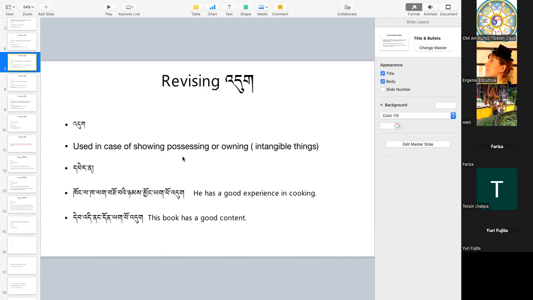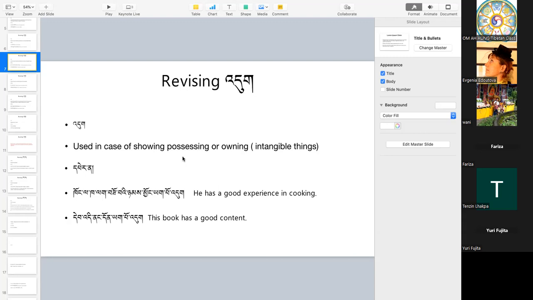How do we know it? By the techniques he used to cook, the way it tastes. We confirm these things. So he has a good experience in cooking. Possession of something intangible, that is the experience.